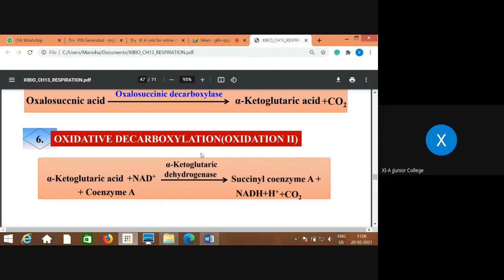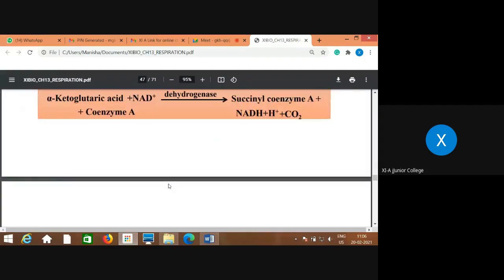So this is called the oxidative decarboxylation reaction, where from this 5 carbon compound alpha ketoglutaric acid, the 4 carbon compound succinyl coenzyme A is produced. Okay, and this coenzyme is added, that's why succinyl coenzyme A. Here the addition and removal of coenzymes takes place as and when required.